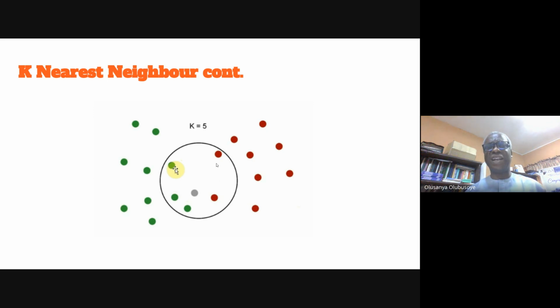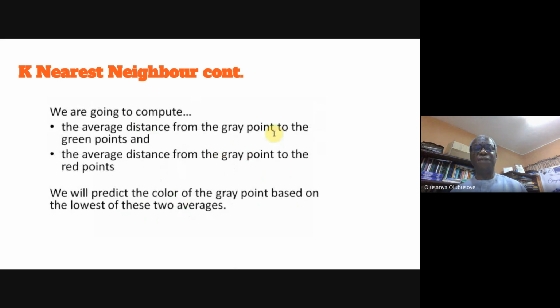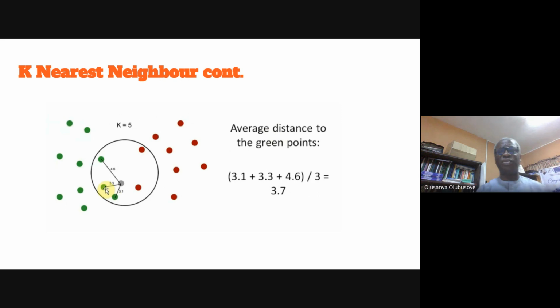Then we find the average. Then we will assign the gray to the one with the closest or the smallest average, and that is the closest neighbor, right? So if we are to do that, this is what will happen.